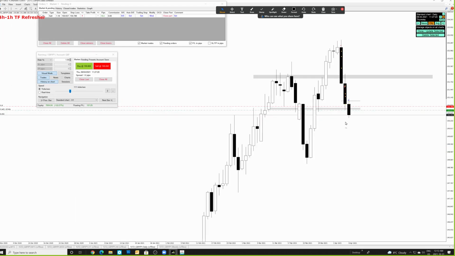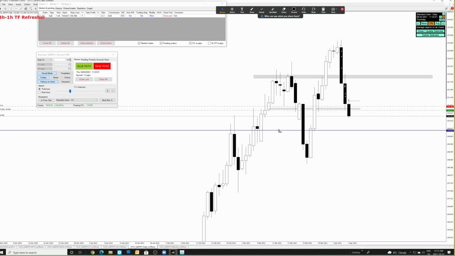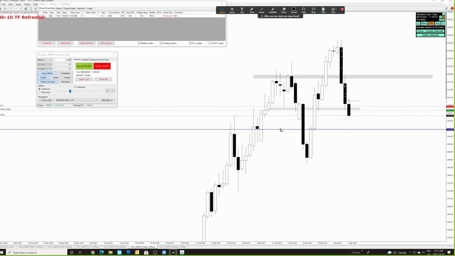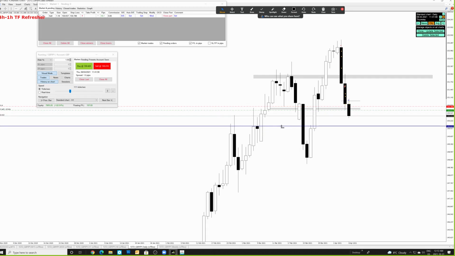Actually, if daily is coming down, can we come all the way down to this area here? 149, maybe 150, right? 40 more, yeah, 150. Because look, now we're in this clean territory over here.